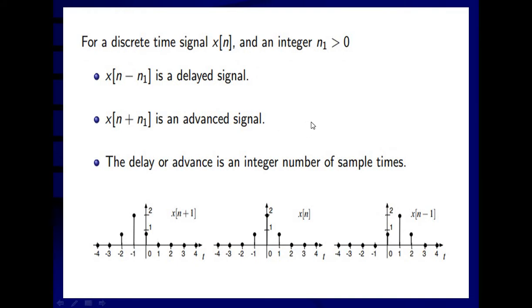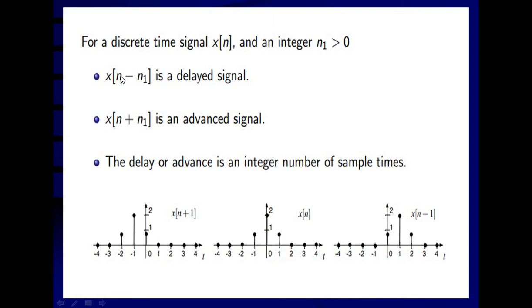As you can see in this particular slide, you could see an example of a DT signal. I've represented it as x of n, and the amplitude values are marked as zeros, ones, twos, 1 and then again zeros.